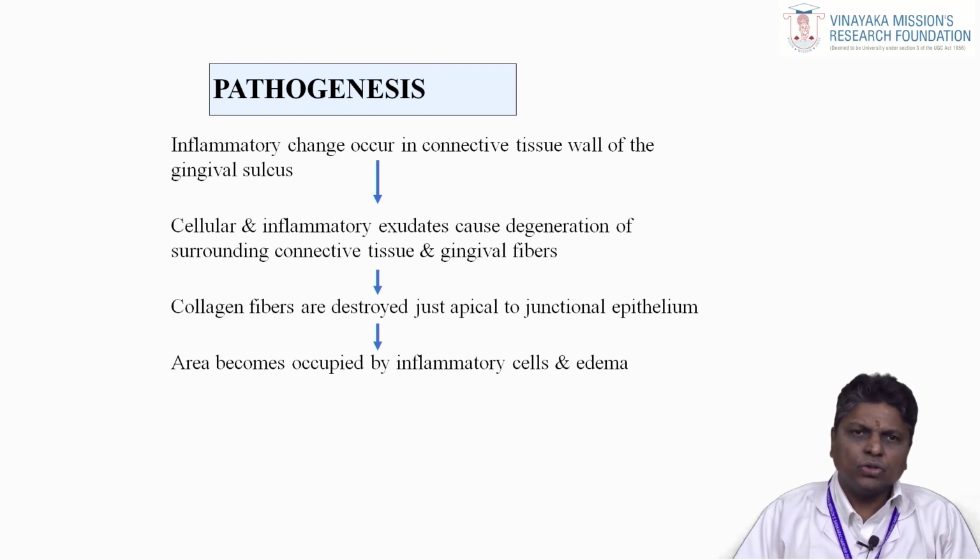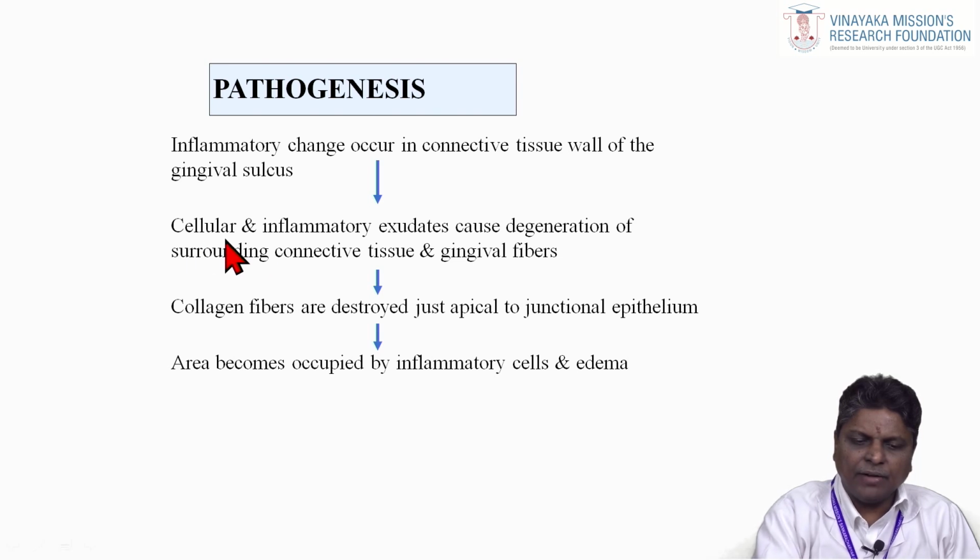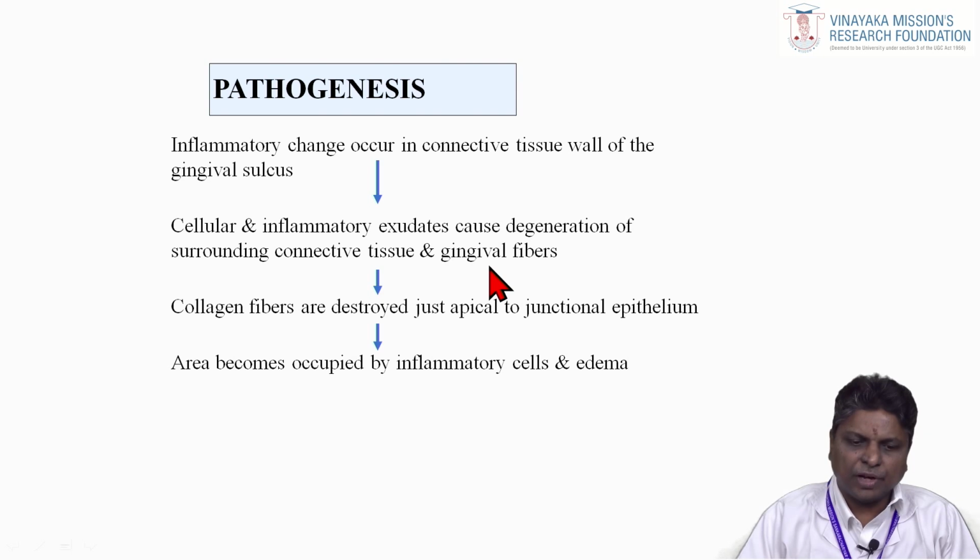So inflammation starts from the epithelium and occurs in the connective tissue wall of the gingival sulcus. Then what happens? The cellular and inflammatory exudate causes degeneration of the surrounding connective tissue and gingival fibers below the junctional epithelium. Then it proceeds downward. The collagen fibers are destroyed just apical to the junctional epithelium.